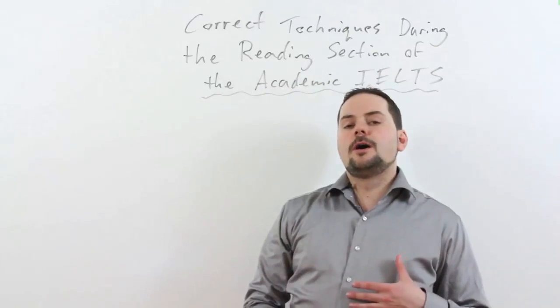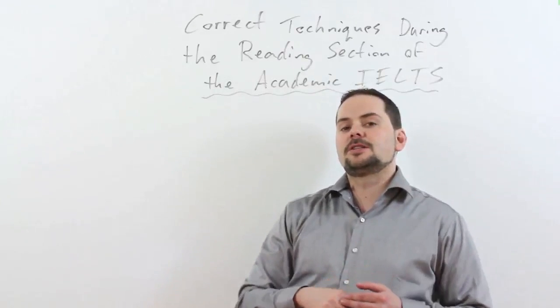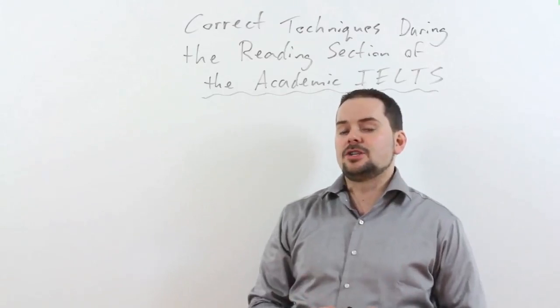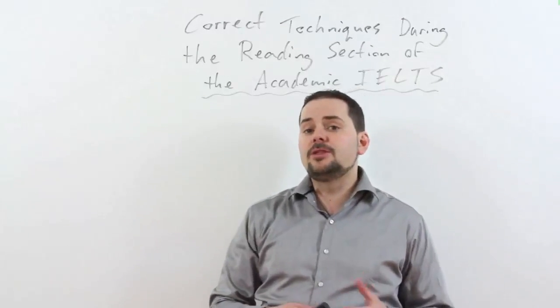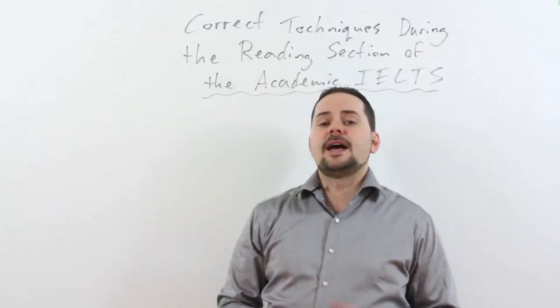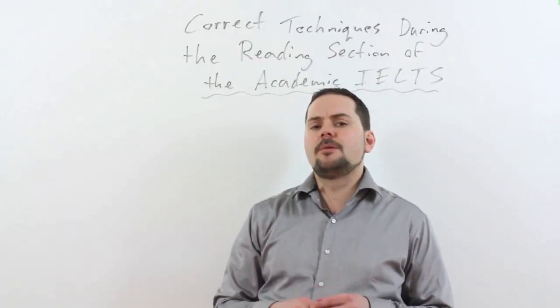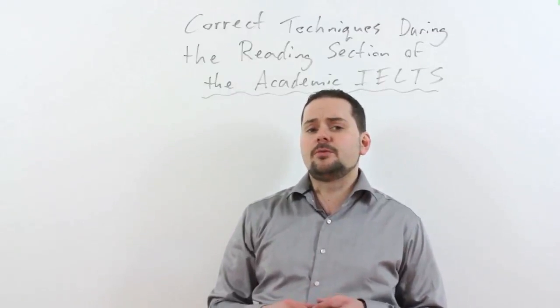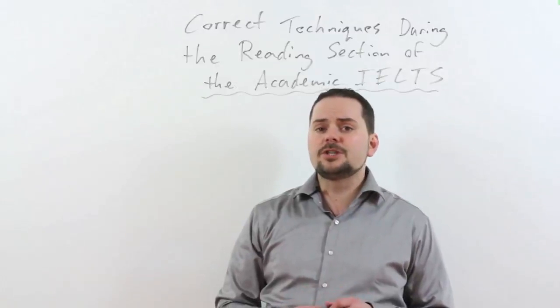Okay, so again, remember that the reading section in the academic IELTS has 3 passages. You have 1 hour total to read the 3 passages and answer the questions. One passage has anywhere from 500 to 700 words, which is about 1.5 to 1 3/4 pages.